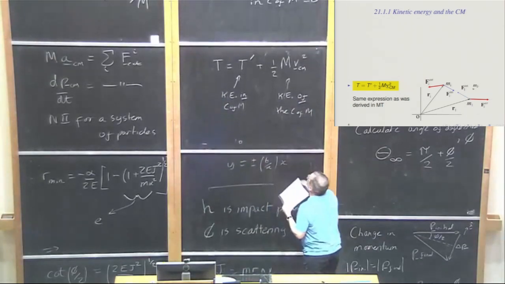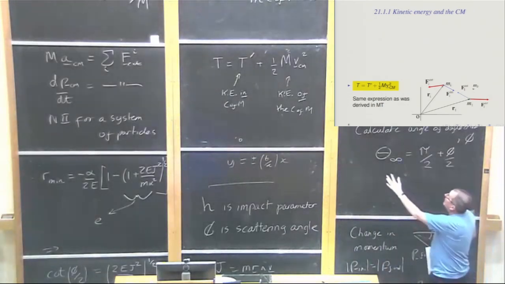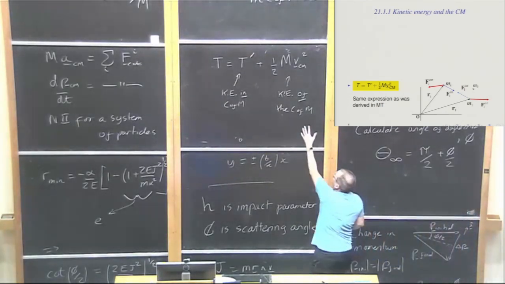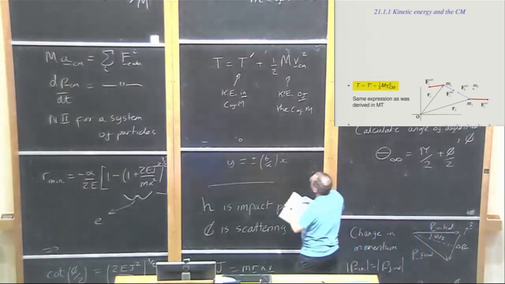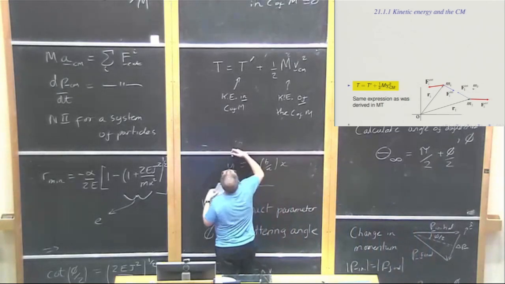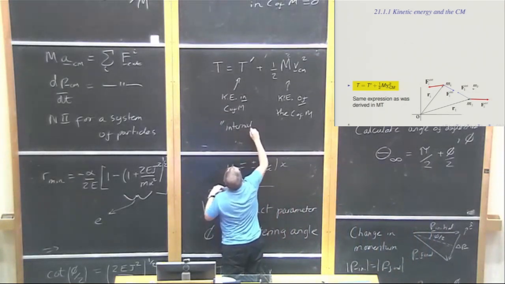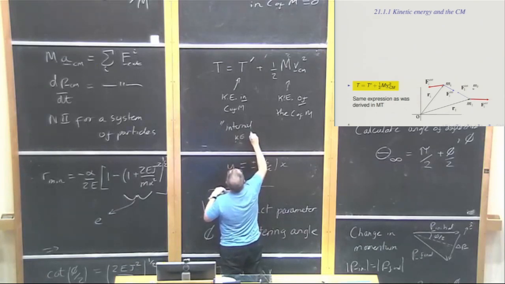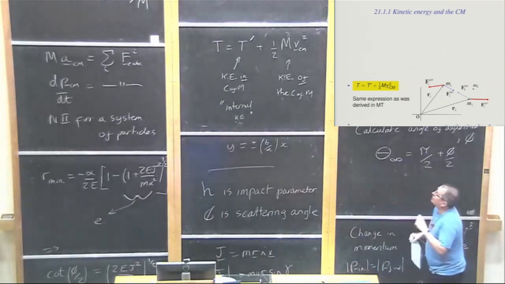Okay, so the kinetic energy in the lab frame therefore can be written as the kinetic energy of the centre of mass of the whole system plus the sort of internal kinetic energy associated with the motion of the bodies with respect to each other within the centre of mass frame.